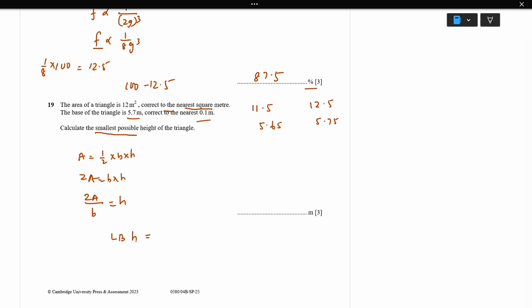Lower bound means least value, so that means 2 times the lower bound of area over the upper bound of base. 2 times 11.5 over 5.75, the answer is going to be 4. 4 is the answer here.